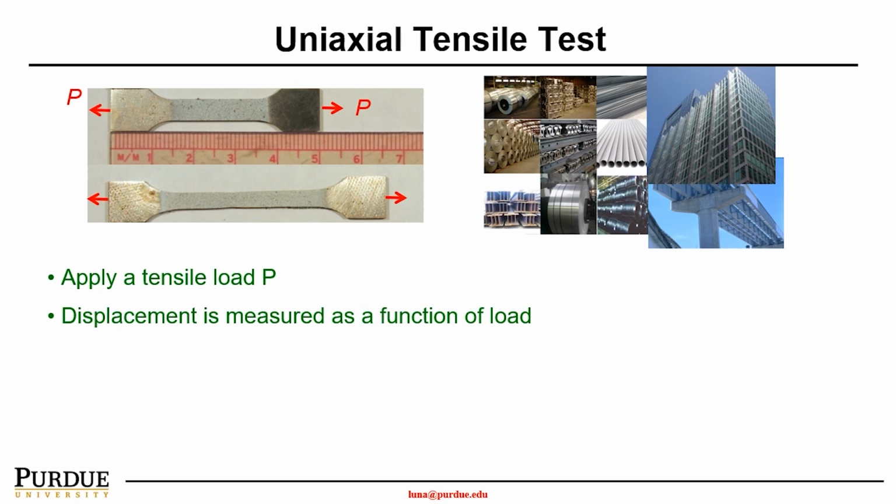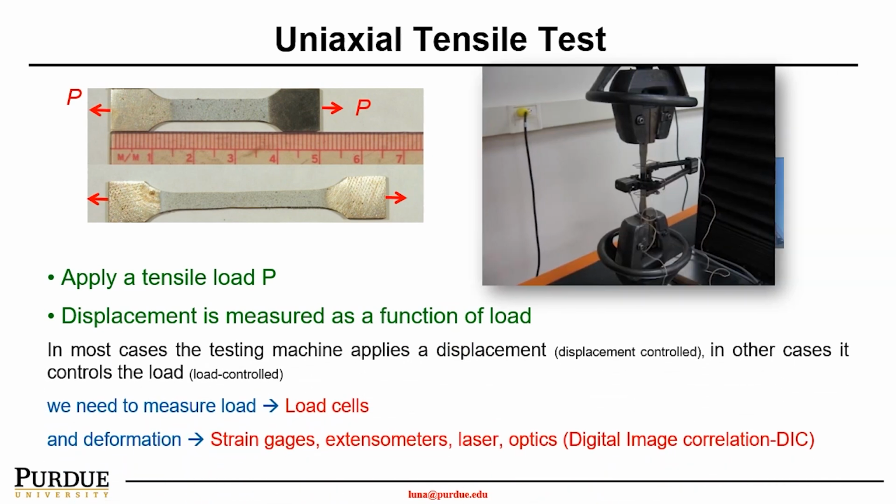For the uniaxial tensile test, it's important to understand we apply a tensile load outwards to extend the material, and the displacement is measured as a function of the loading. So for testing, in most cases, the testing machine applies a displacement.